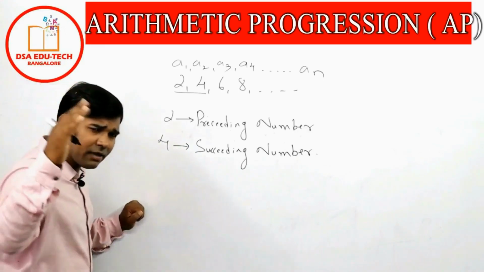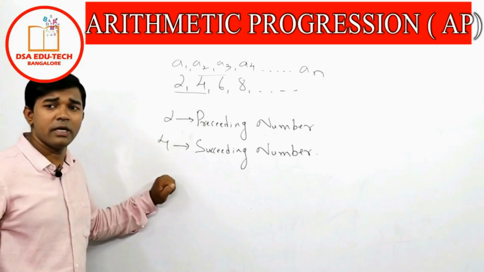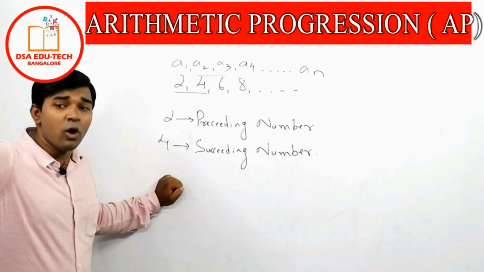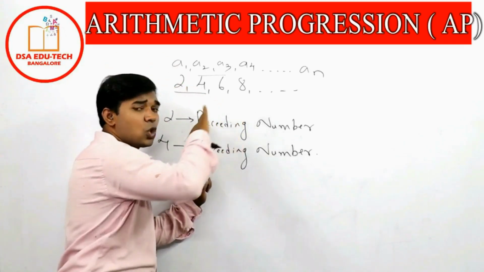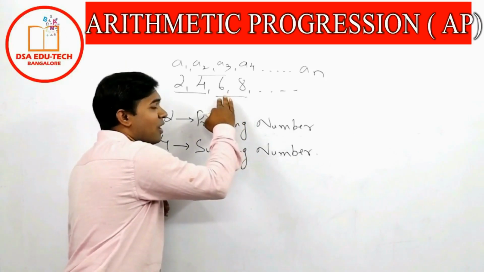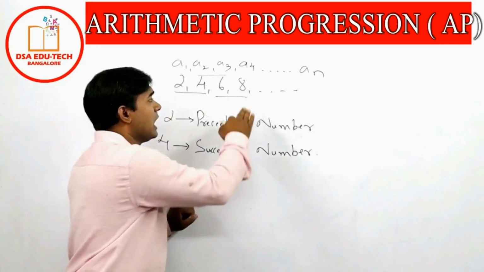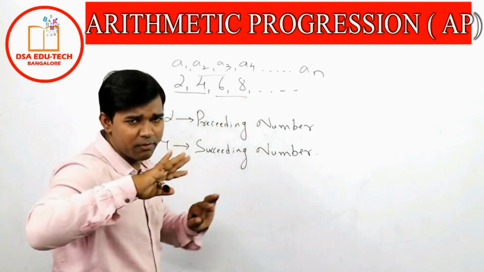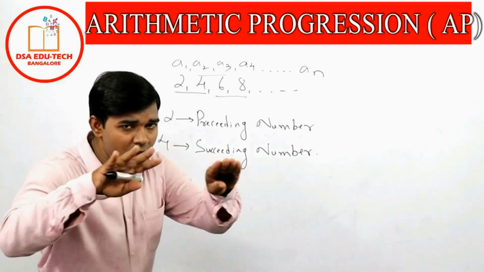Another example: with respect to 4 and 6, which is the preceding number? 4. Which is the succeeding number? 6. Last trial: 6 is the preceding number, and 8 is the succeeding number. Cool enough. When you show so much interest, let me tell you the next.